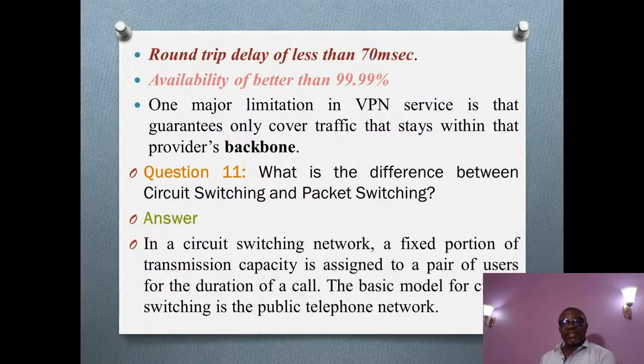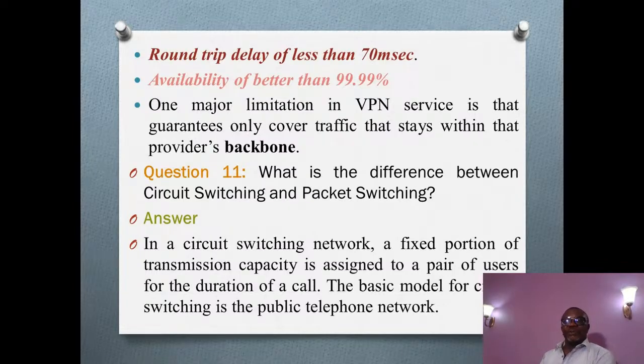And we have said that in telecommunication parlance, an availability of 4 nines means that you are having a blackout of less than 1 minute in a day. So for every communication system, the availability of 4 nines, that is 99.99%, is very much acceptable.